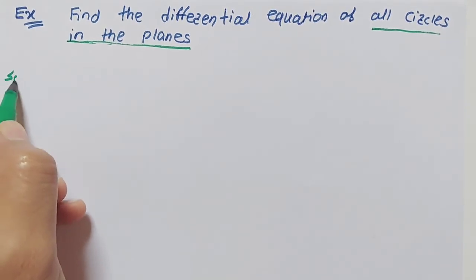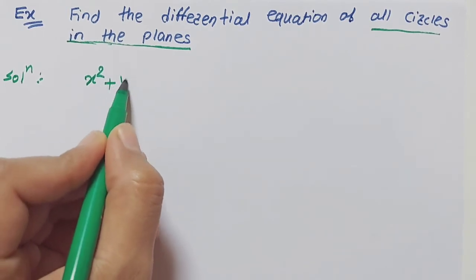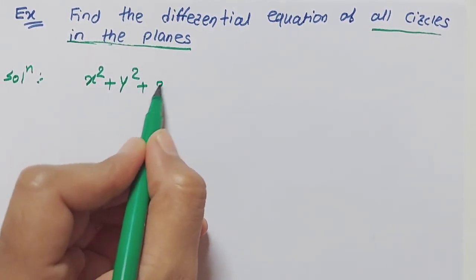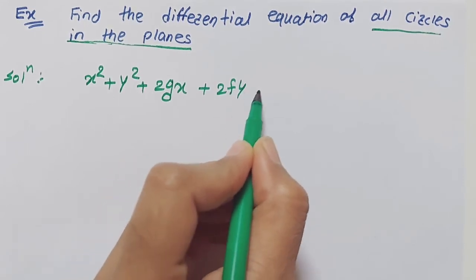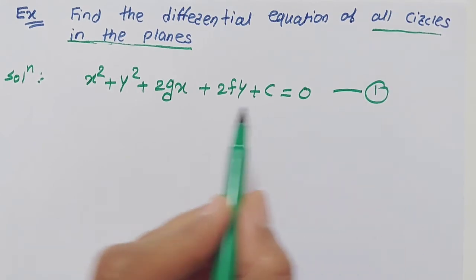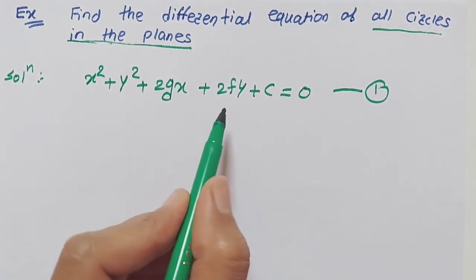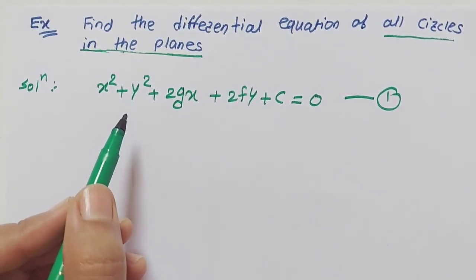And we know that the general equation of circle is x square plus y square plus twice gx plus twice fy plus c is equals to 0. Suppose it is equation number 1. So this is our general equation of circle, and for this equation of circle we have to find the differential equation.